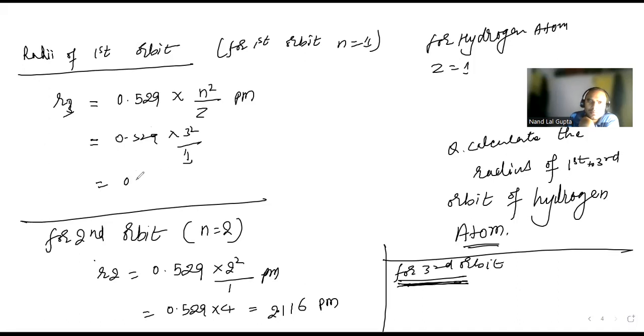So 0.529 into 9 picometer. 9 nines are 81, carry 1. 9 twos are 18, plus 1 is 19... 9 fives are 45, plus 2 is 47. So 4.761 picometer. This will be our answer.